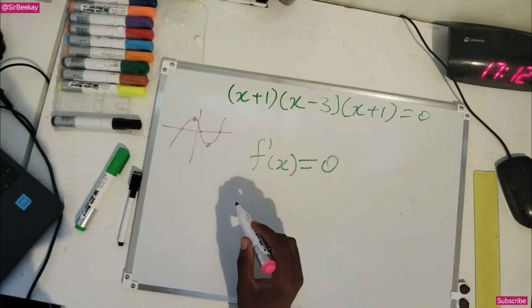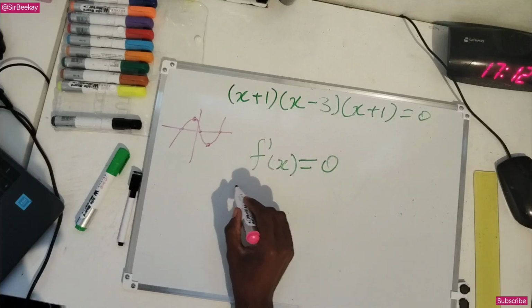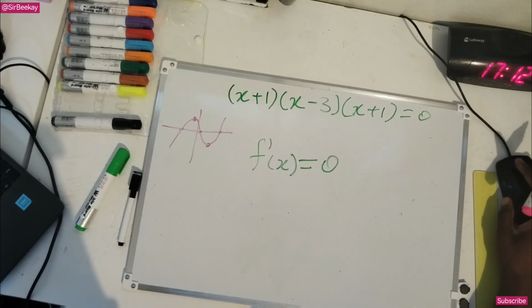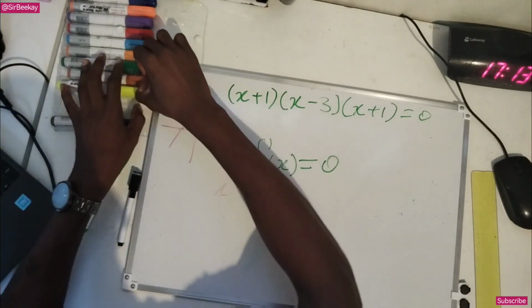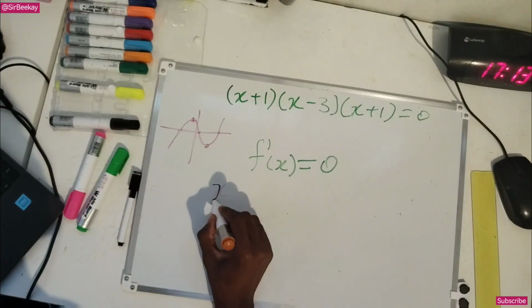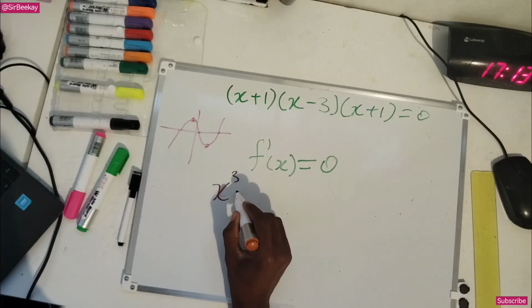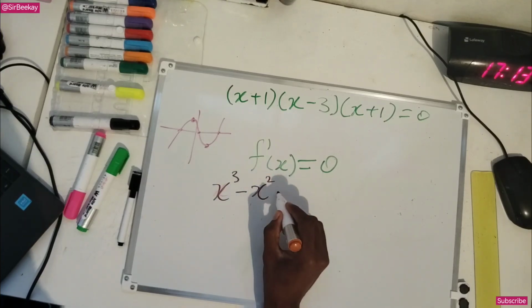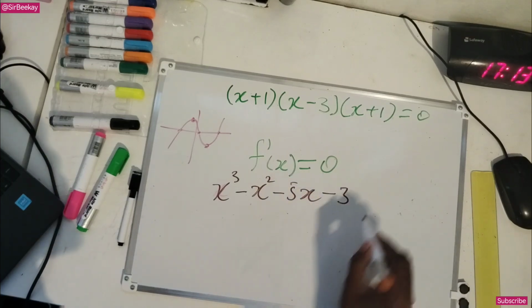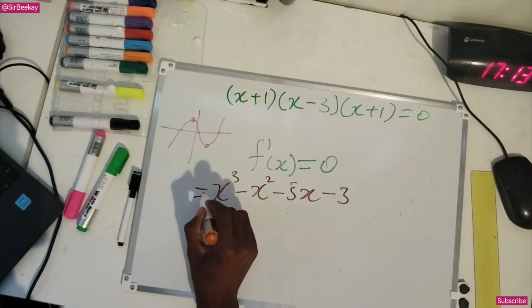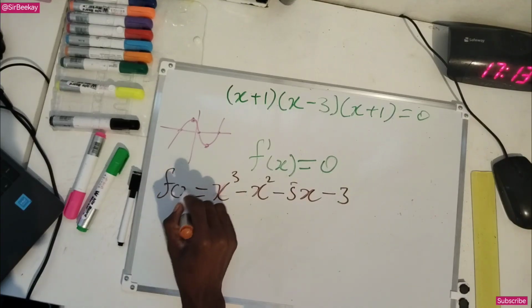So let us differentiate the original equation. The original equation was x cubed minus x squared minus 5x minus 3. This is f of x.